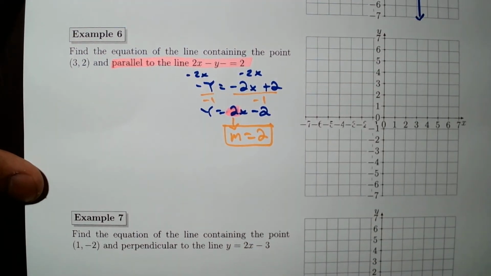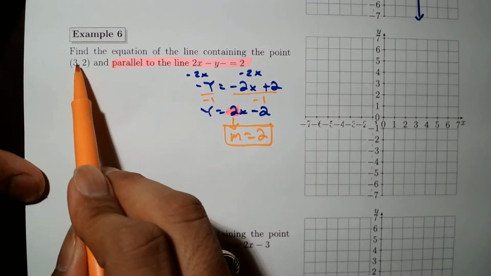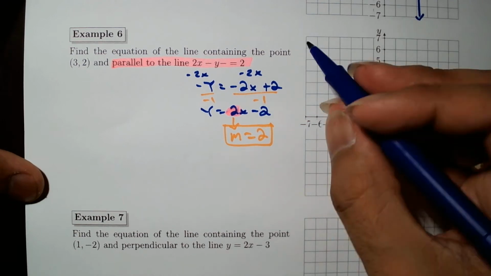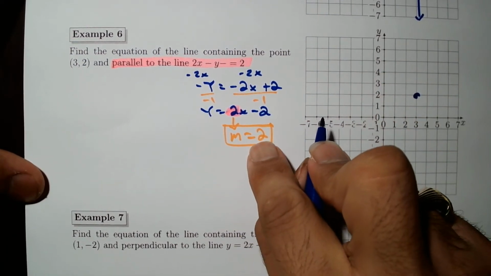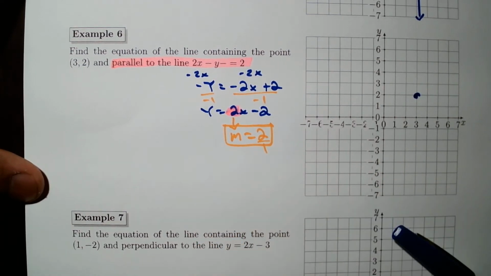So in this case, we want to get the equation of a line containing the point (3, 2) and with a slope of 2. In other words, this is the same as saying 2 over 1.